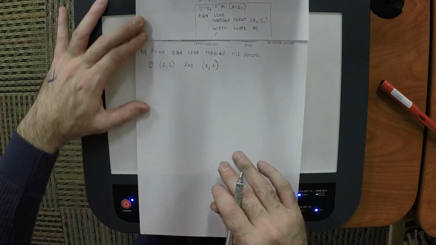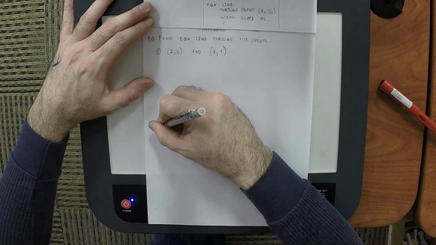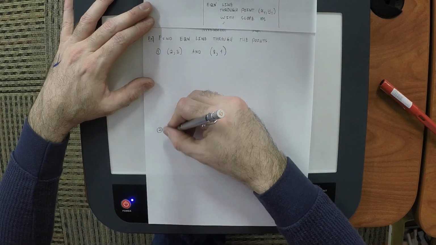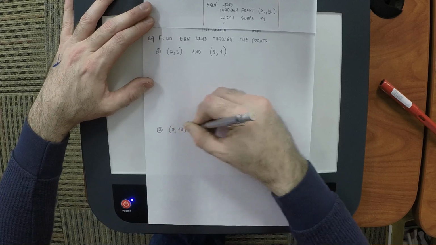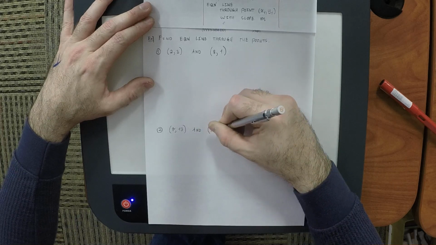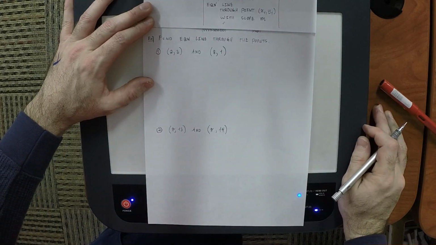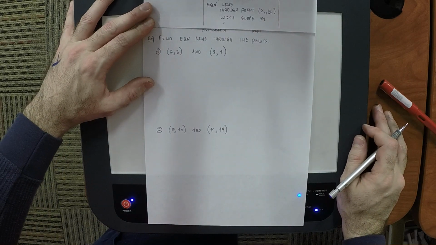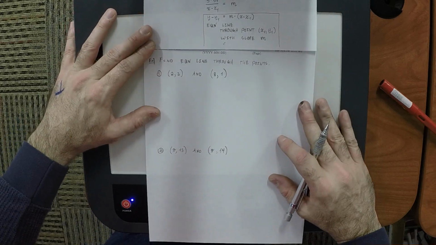So that'll be the first one that we do, and then the second one that we'll do is the point pi, 13 and pi, 14. Okay, so we'll come back to 2 in its time.